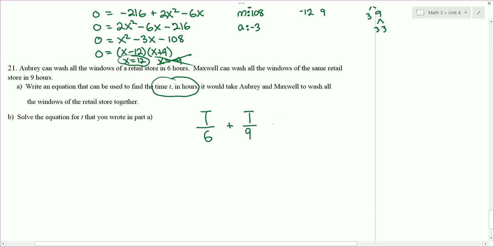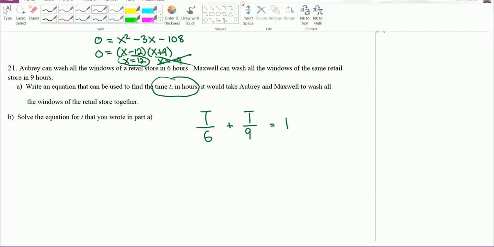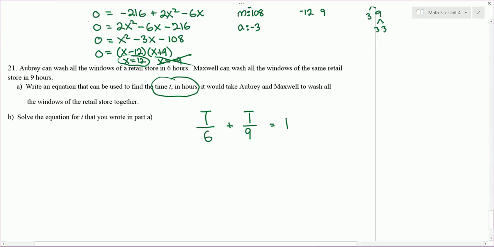And we want to know how long it takes for them to complete the whole job. 1's representing 100% of the work being done. So there's our equation. And I'm going to get rid of my first fraction by multiplying everything by 6.